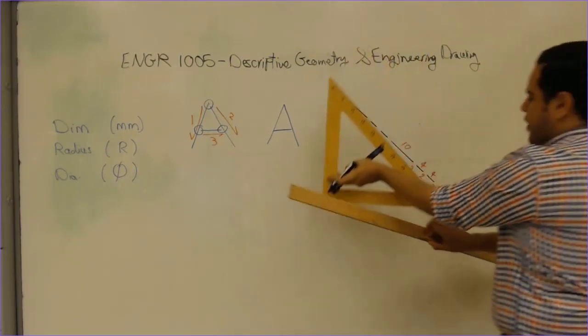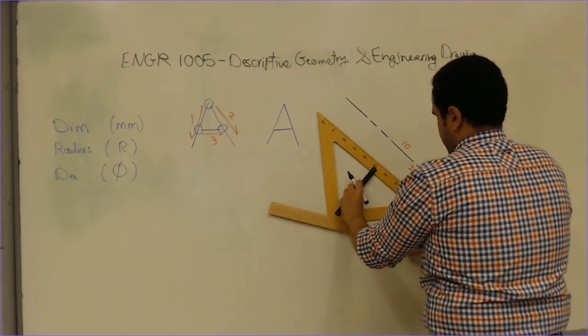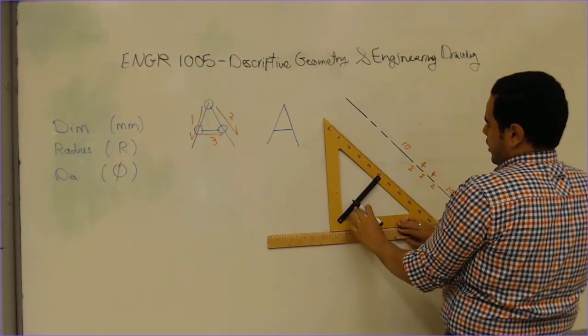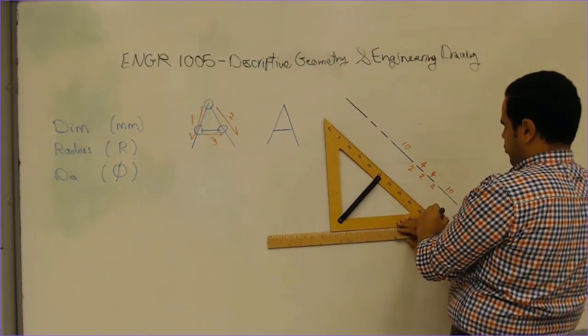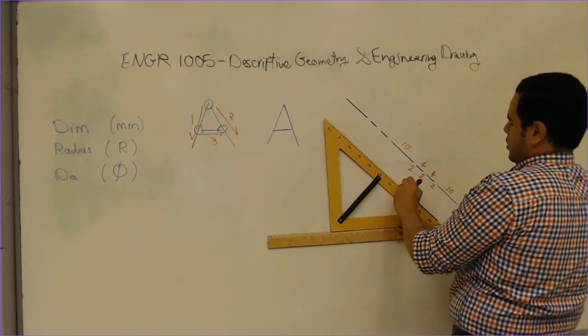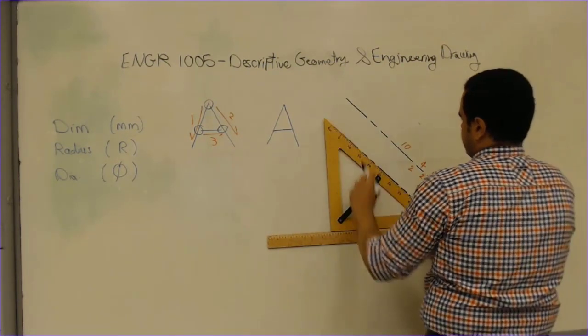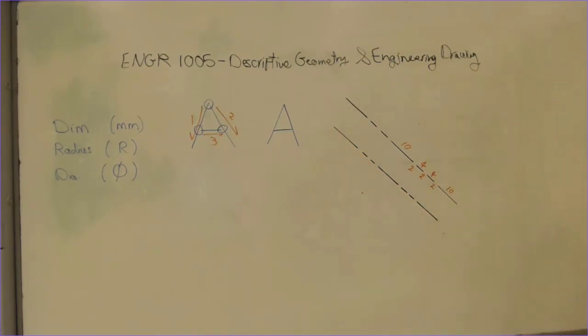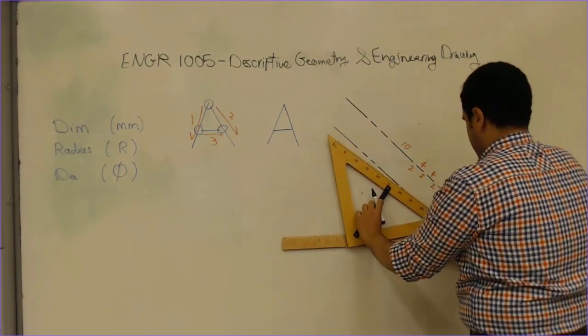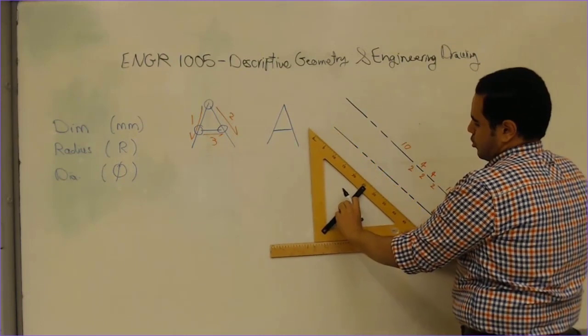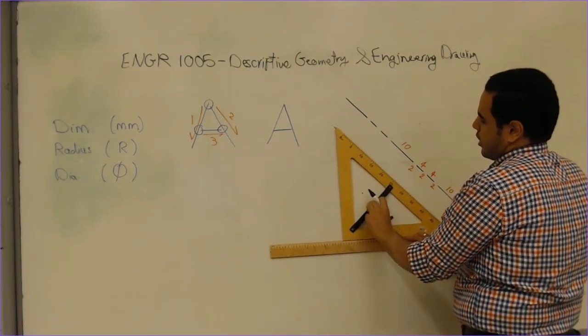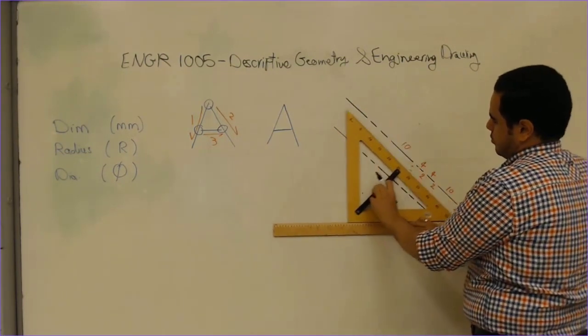And then you flip your triangle and you start to draw the phantom line. Okay, and then you start to slide your triangle to draw the other 2 copies like this.